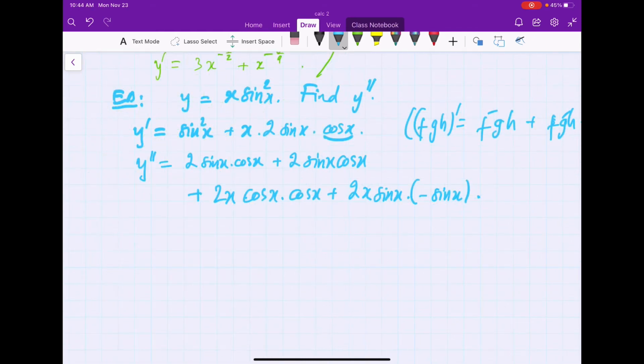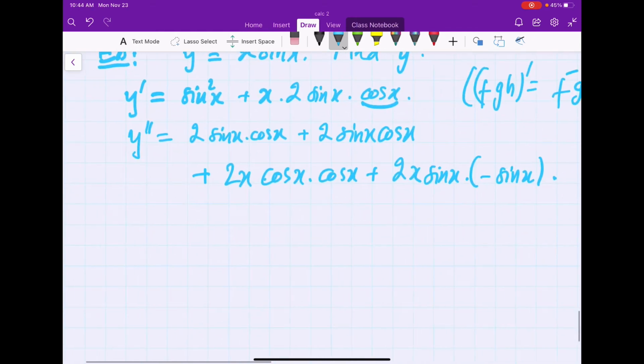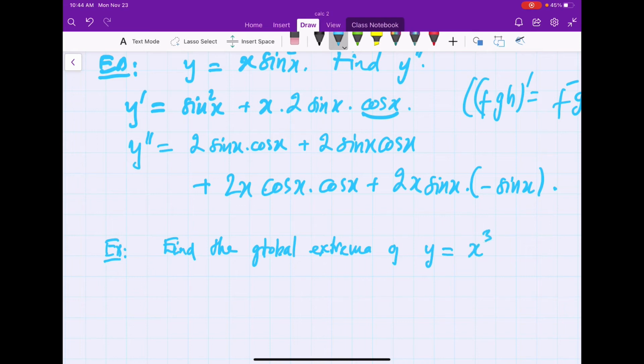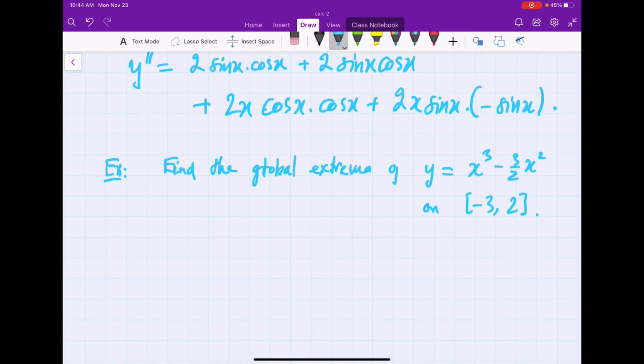Now let's move to applications of the first and second derivative. Let's find the global extrema of the following function: y equal to x cubed minus 3 over 2 x squared on the interval negative 3, 2. So we need to find all critical points, right?